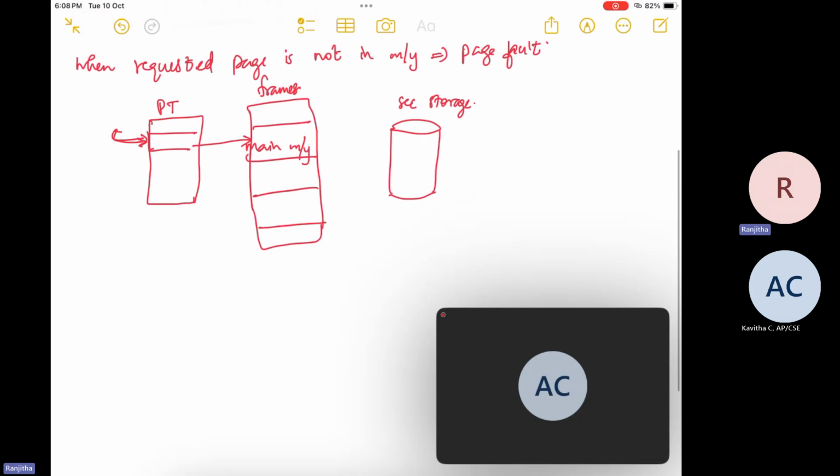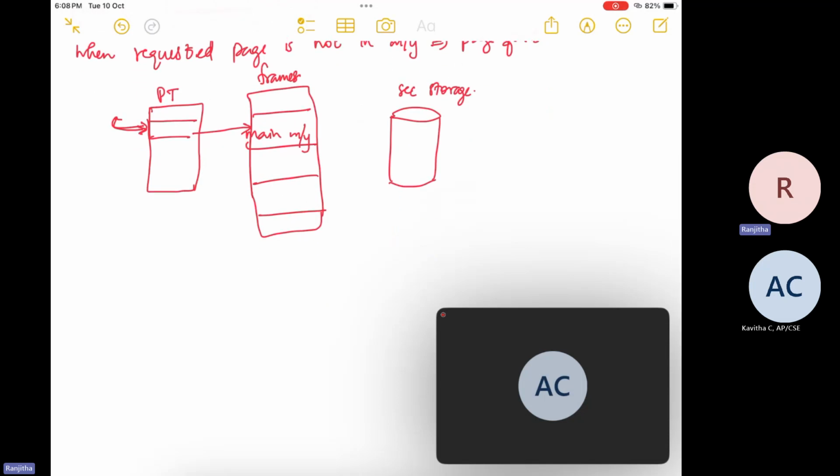But if the page is not available in the memory, then there will be a page table access. The program will access the page table, look up, and not find the respective frame details, which implies that there is a page fault. Then we have to go to the secondary storage, bring this particular page to the memory, and then update the page table.